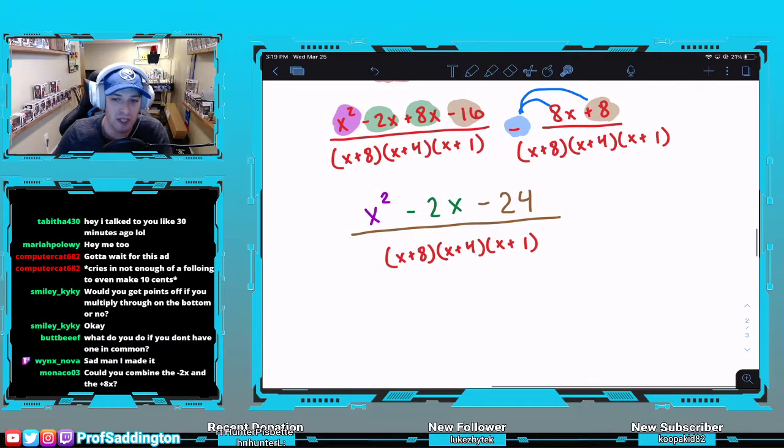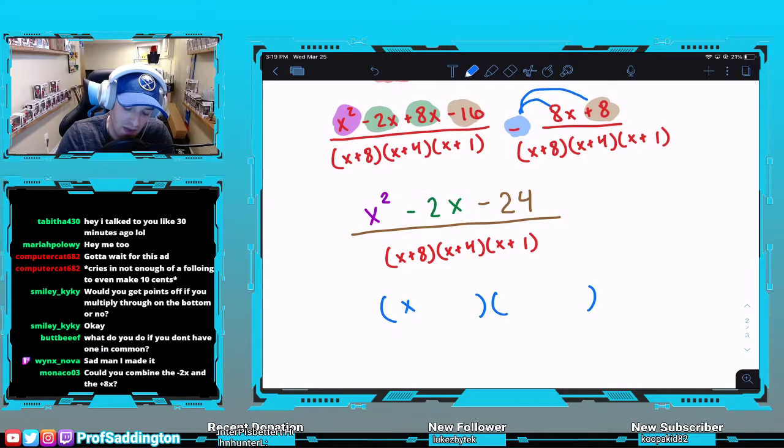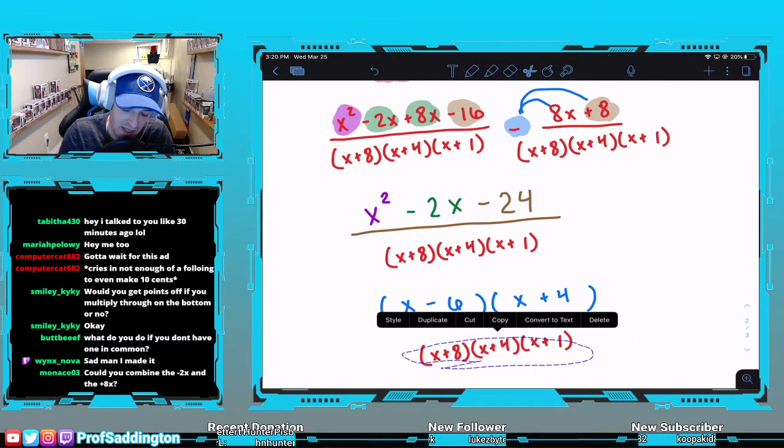So now if we look down here, I can actually factor that top. If I factor the top, I will have 2 bubbles. And it looks like it's going to be an x minus 6 and an x plus 4. The bottom, still the same, so I'm just going to paste it again.